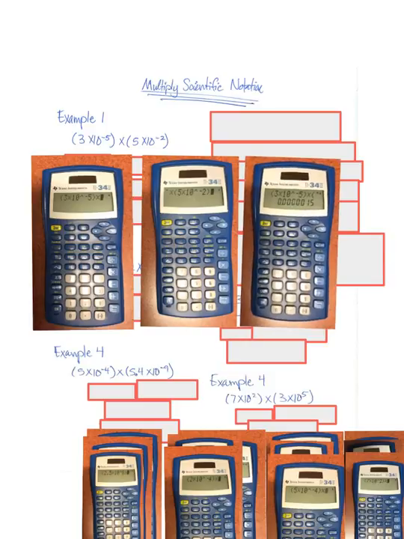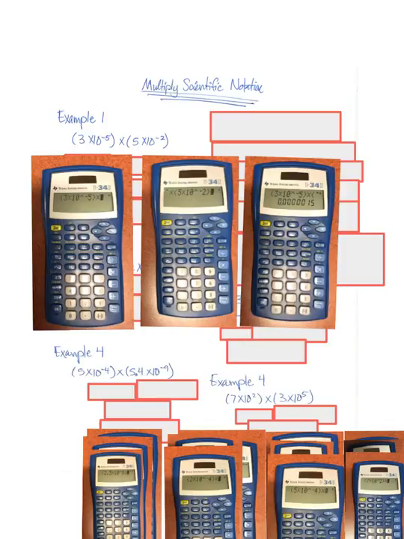If we press enter, we have this number here. Once we pressed enter, we need to check on it and see what's going on. Is this a scientific notation number? It is not. If we start with a scientific notation number, we want to end with a scientific notation number.